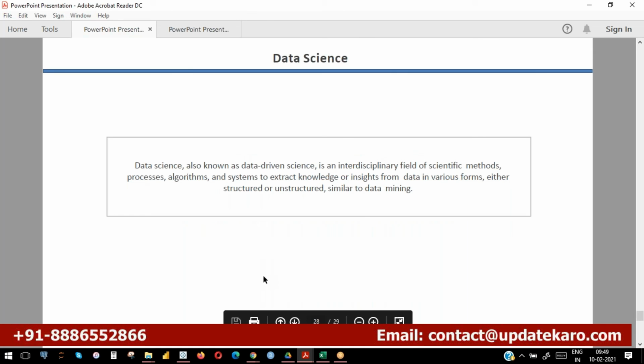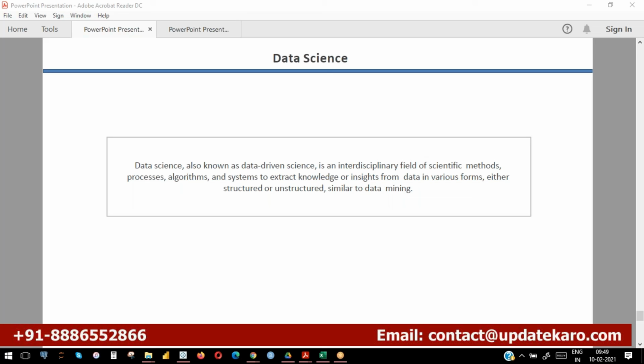So data science is also known as data-driven science. It's an interdisciplinary field of scientific methods, processes, algorithms, and systems to extract knowledge or insights from data in various forms, either structured or unstructured, similar to data mining.